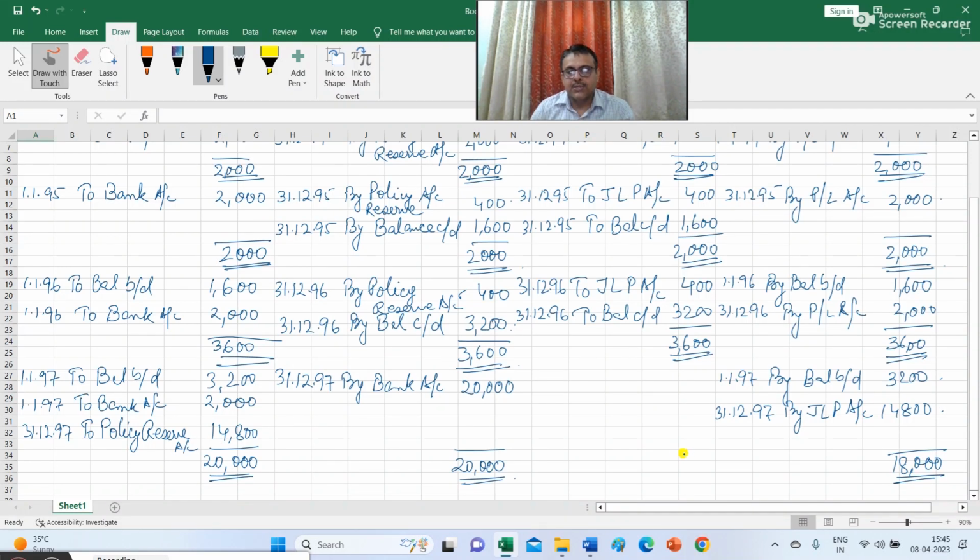And this amount will be shared between A and B in the ratio of profit and loss. That is, the PL ratio is 3:2. So on 31st December 97, in the two partners' capital accounts, A will get 3/5, so 10,800, and B will get a share of 2/5, that is 7,200.